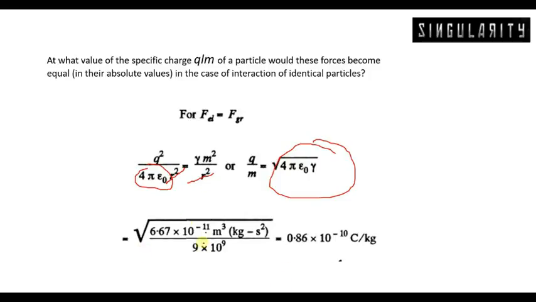If you calculate it, I have calculated it here, the value comes out to 0.86 into 10 to the power minus 10 coulomb per kg. So to make these forces equal, you need a charge of 0.86 into 10 to the power minus 10 coulomb for 1 kg of mass. You can simply see that the electrostatic force is much stronger than the gravitational force.